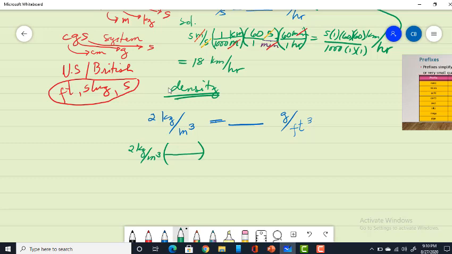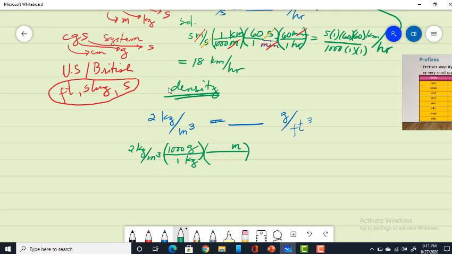So you want kilogram to be cancelled out, and then gram over. So what's the equivalent? In 1 kilogram, 1,000 grams. So kilo, still kilo. And then meter cube. So the meter cube should be placed here in the meter.